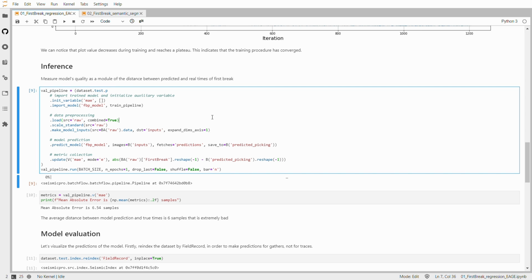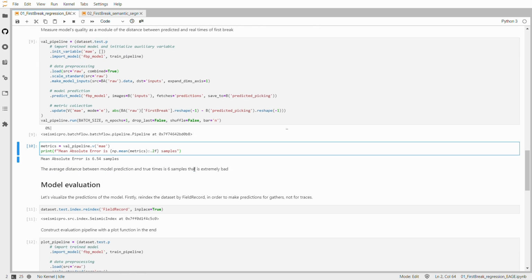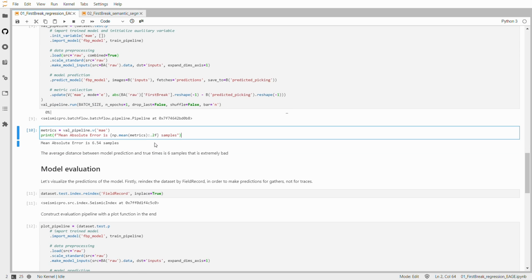Here, we use a predict model action to get predictions, and also we accumulate metrics to assess how well the model was trained. As a result, the average distance between the model's predictions and real first breaks is close to 6 samples. Unfortunately, it is not good at all.